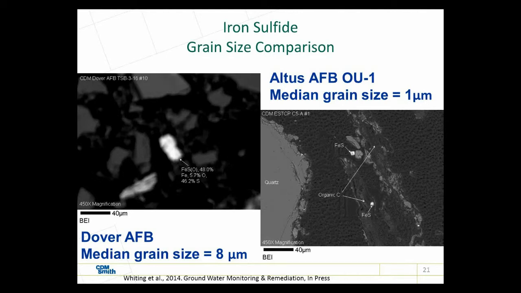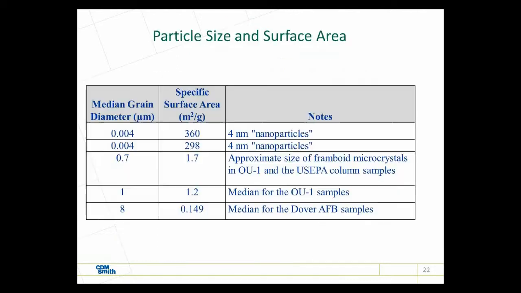And this is really important with respect to the reactivity. These reactions are surface-mediated reactions. The VOCs need to contact the surface in order to be decomposed by this beta elimination pathway. So the greater the surface area, the greater the reaction rate.